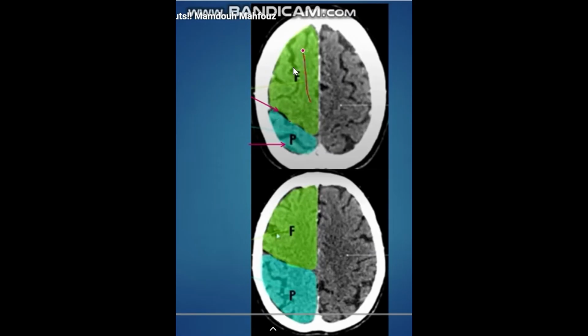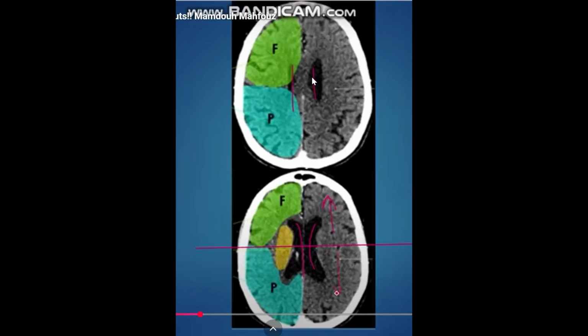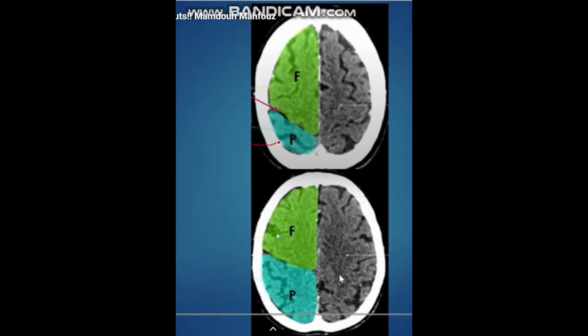When you go down at the level of the centrum semiovale, the centrum semiovale is the white matter fibers that is seen just above the level of the bodies of the lateral ventricle and the corpus callosum. So the white matter fibers just above the bodies of the lateral ventricle and the body of the corpus callosum is the centrum semiovale.